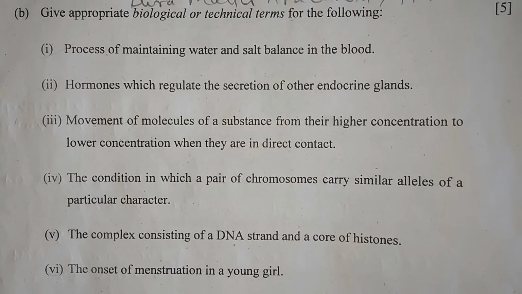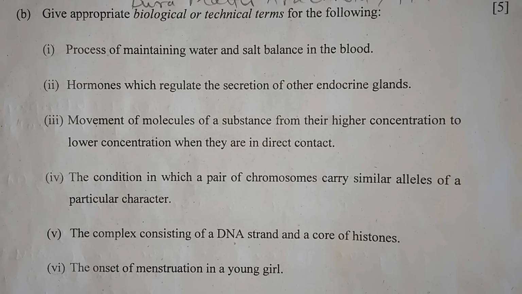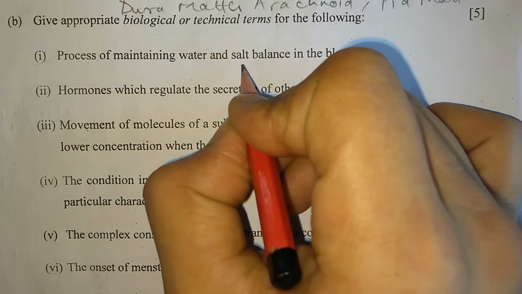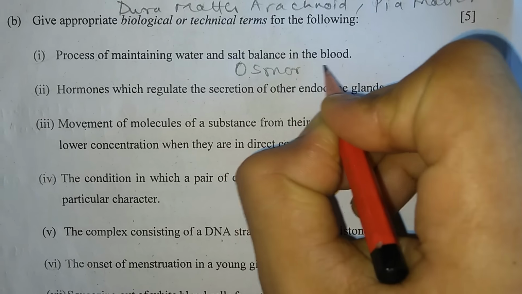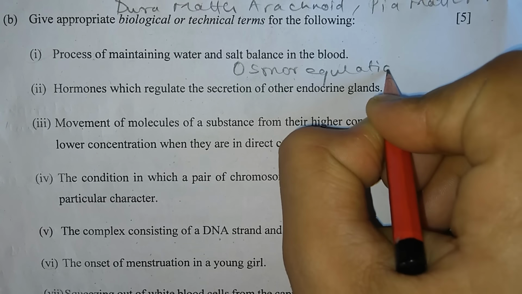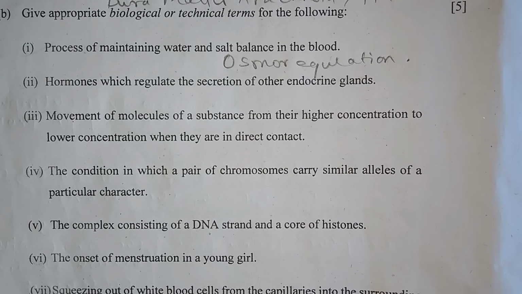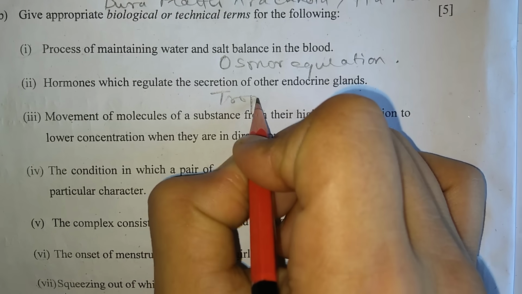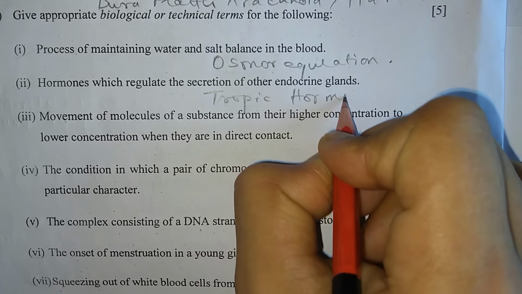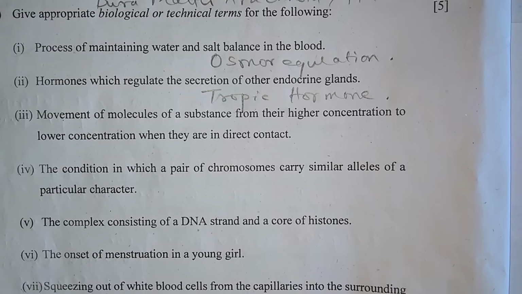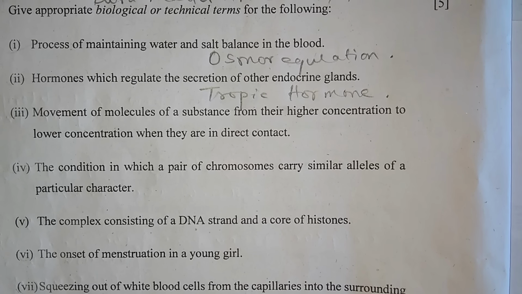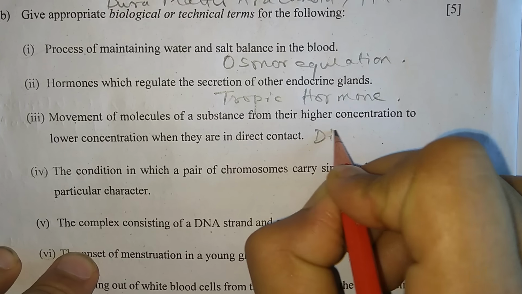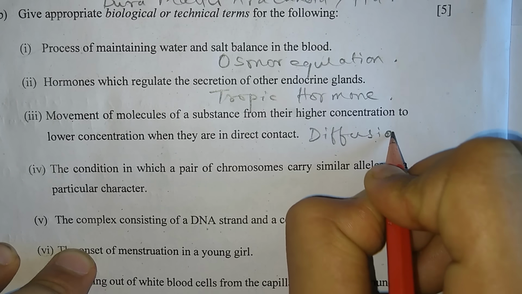Question B. Give appropriate biological or technical terms for the following. Number 1 is process of maintaining water and salt balance in the body is osmoregulation. Number 2 is hormones which regulate the secretion of other endocrine glands. It's tropic hormone. Number 3 is movement of molecules of a substance from their higher concentration to lower concentration when they are in direct contact, it will be diffusion.